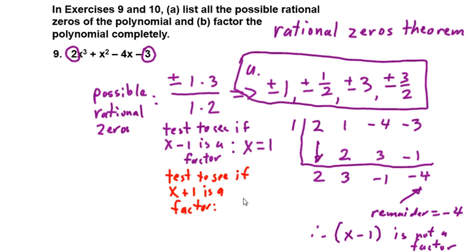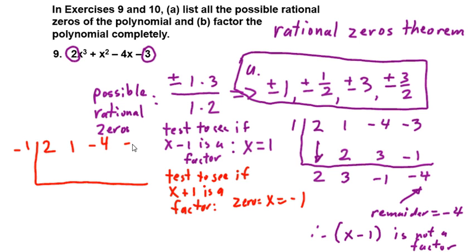To do that, our 0 is going to be x equals negative 1. To test that, I'm going to make a bracket over here on the left in red. I'm going to put negative 1 out here, and I'm going to put the same coefficients here: 2, 1, negative 4, and negative 3.